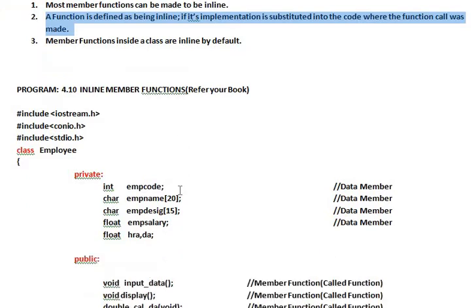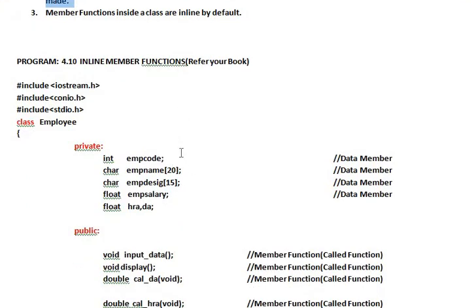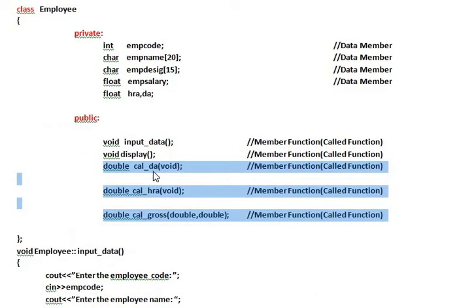Now the very first thing that I am going to explain in this program is the concept of inline member functions. Now if you look at these functions cal_da, cal_hra and cal_gross inside this class known as employee, their implementation details are shown outside of this class.